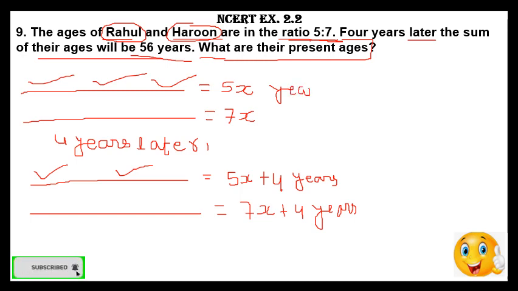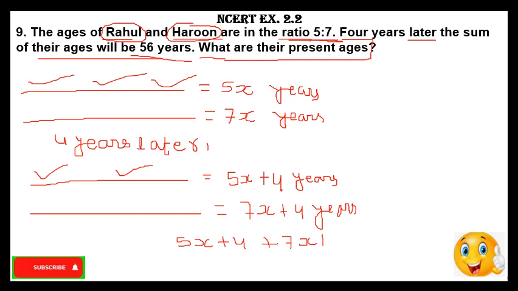Now the sum of the ages of both we have here is 56. So if you add 5x plus 4, 7x plus 4, you get 56. According to the question, 5x plus 4 plus 7x plus 4 is equal to 56.